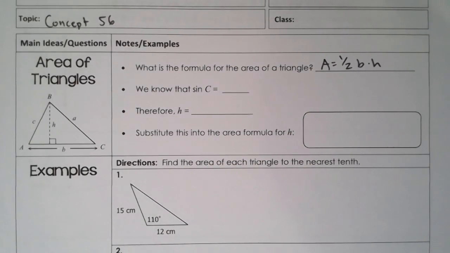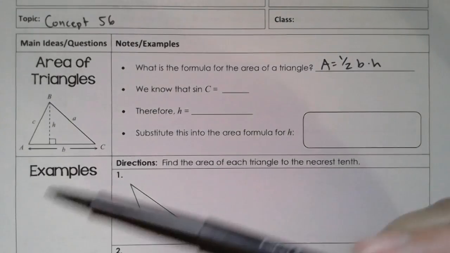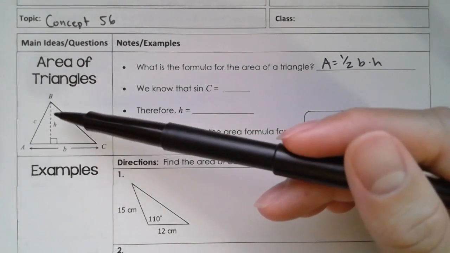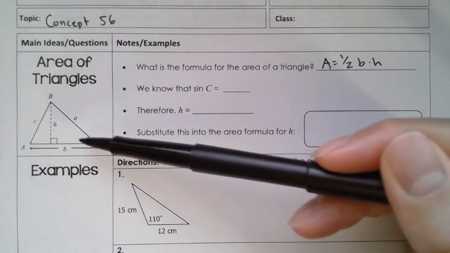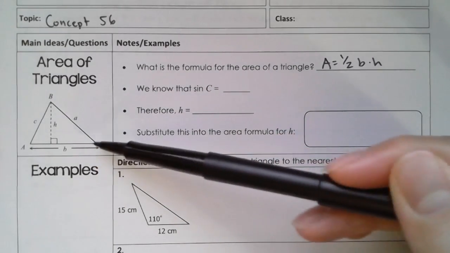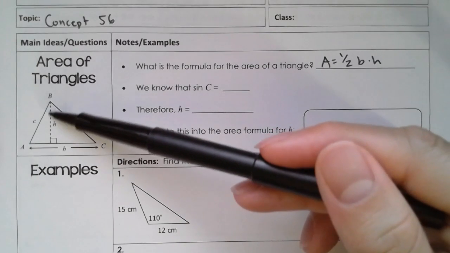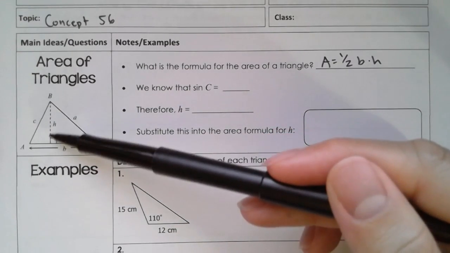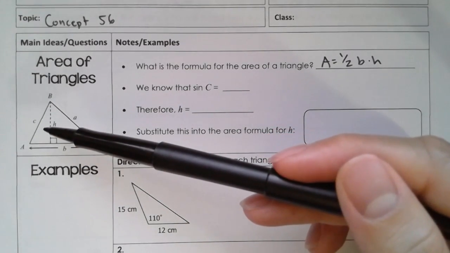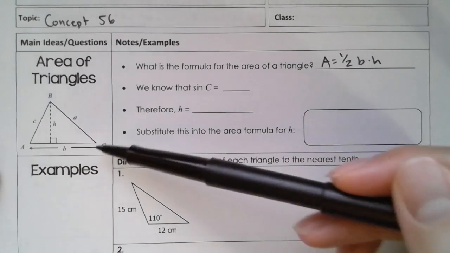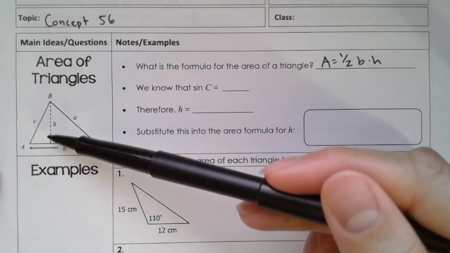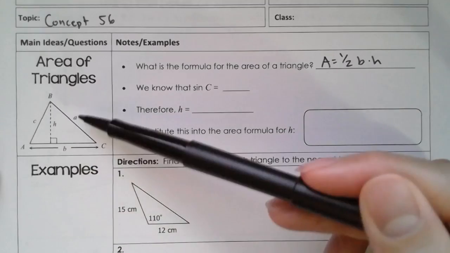We also know that the sine of C, and I'm looking at this right triangle right here. Sine of C is opposite over hypotenuse, so H is my height of this triangle, not to confuse the terminology or the labeling of this triangle. Sine of C is the height over the hypotenuse A in this case.